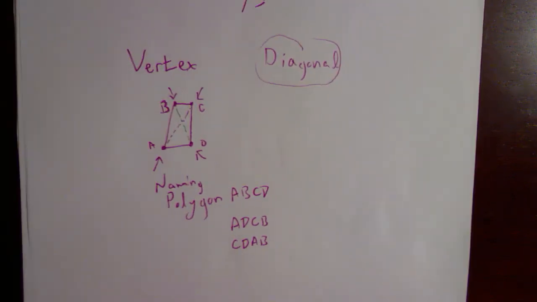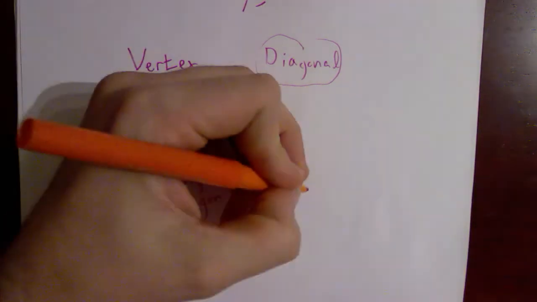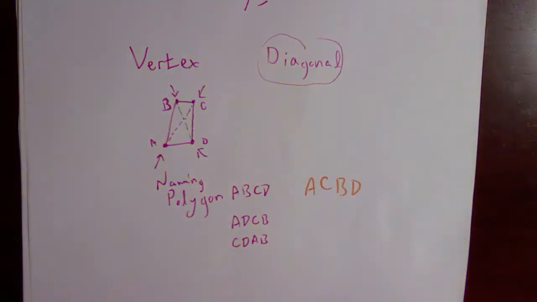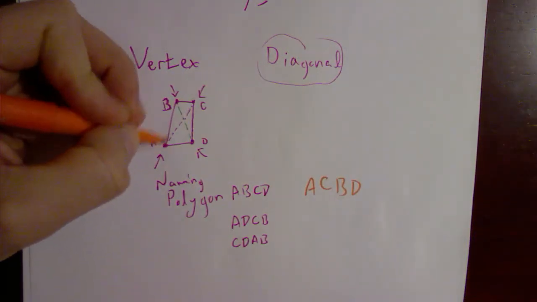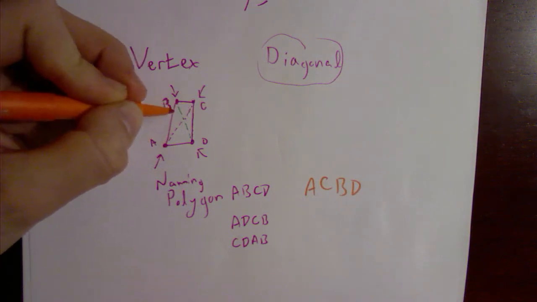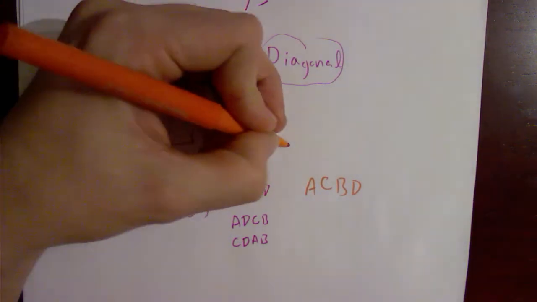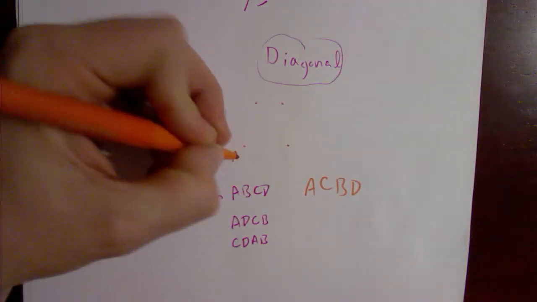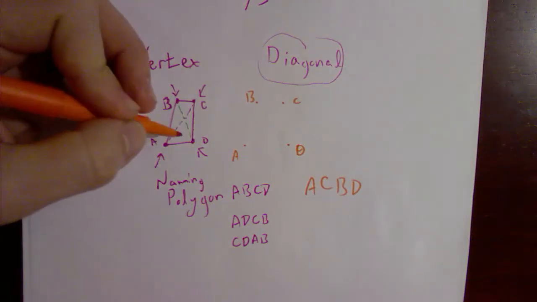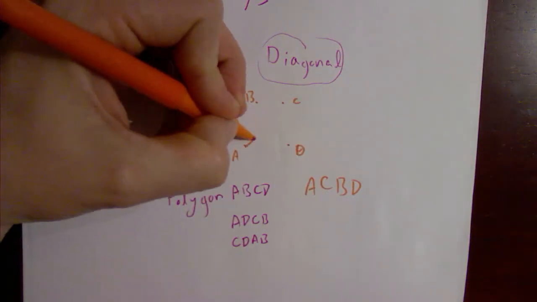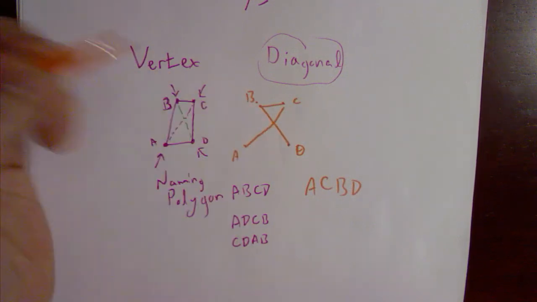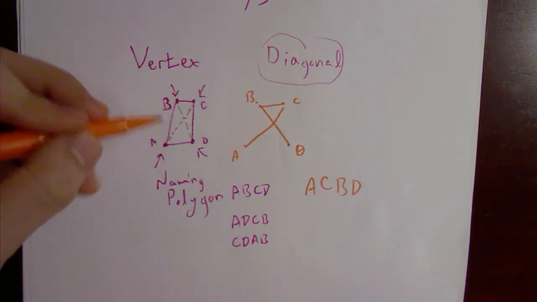So if I said something like A, C, B, D, now if I followed these lines, I go from A to C to B to D. Well, I'm not drawing the same polygon that I had here.